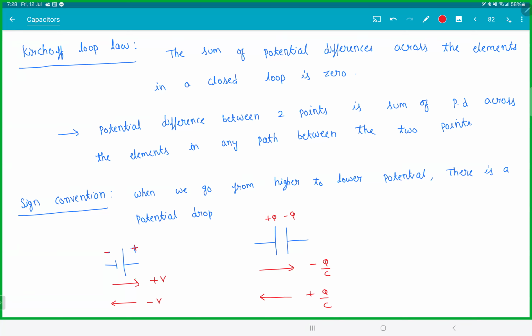Let's see an example of how to work this. Now, if you want to solve circuits, I would prefer junction law, but we will know both the techniques. If you want to solve a circuit, these are the steps.